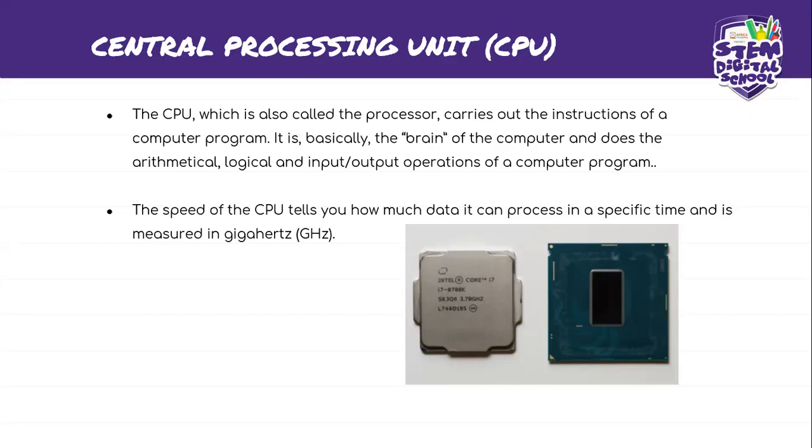So CPU is like the brain of the computer. It does the arithmetical, logical, and input or output operations of a computer. So CPU is important when you are working with a computer.